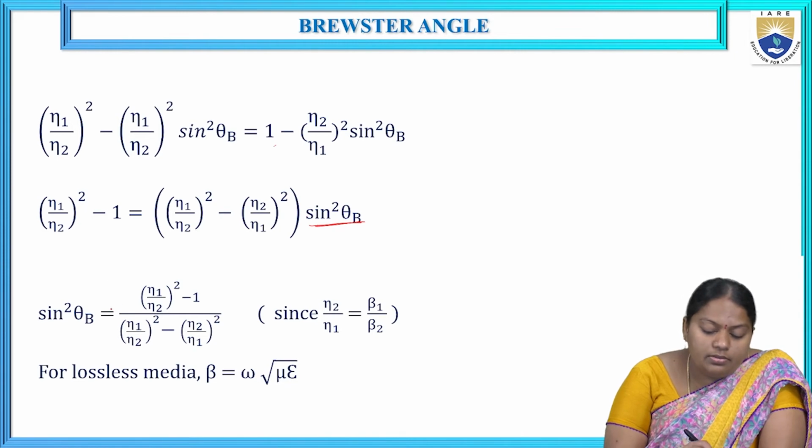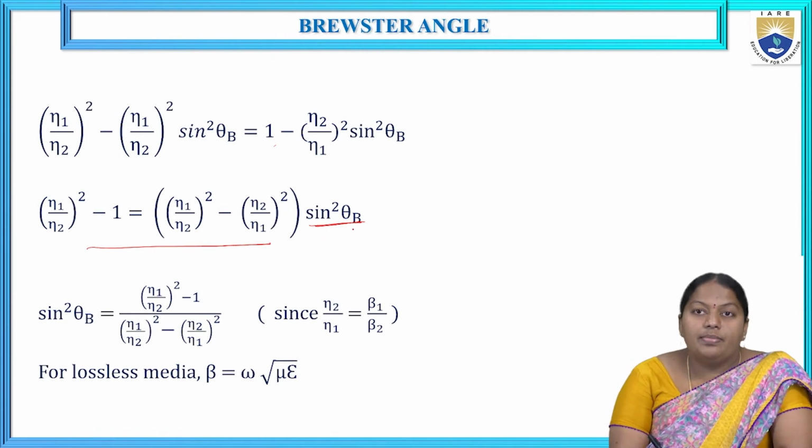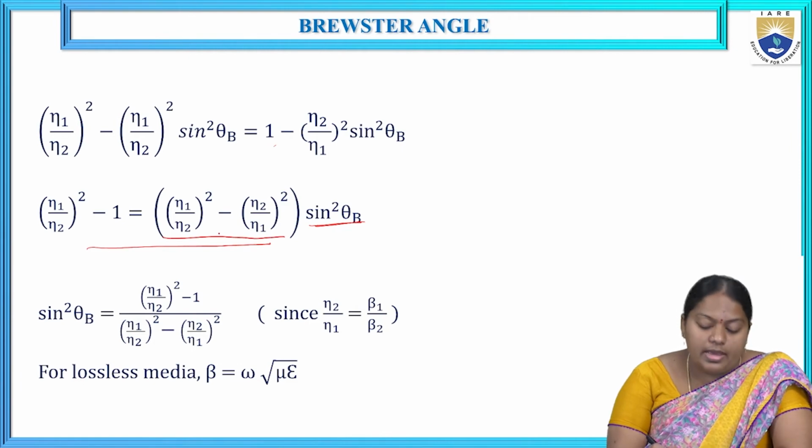Okay, and from these two relations we are going to write the sin θb formula. So sin²θb is equal to (η1/η2)² minus 1, and in the denominator we write (η1/η2)² minus (η2/η1)². Right?